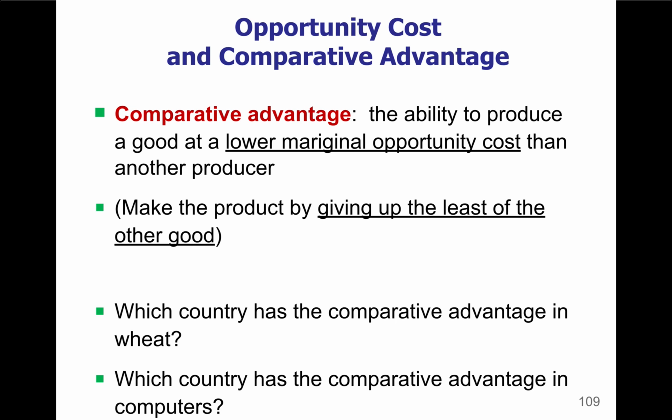So they would have to give up 5 tons of wheat for every computer they make. If the US had to make the computers, we'd be giving up 10 tons of wheat. That's twice as much as them. So it was more advantageous for them to make the computers, because comparatively, or comparing their ratios of good A and good B, their comparison ratio was better than the United States's.